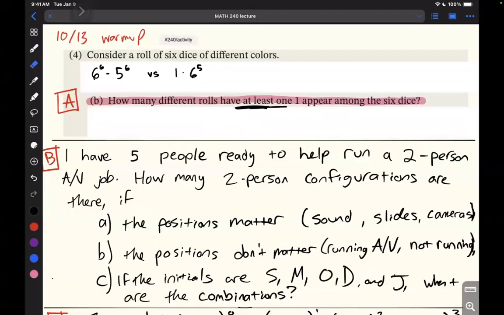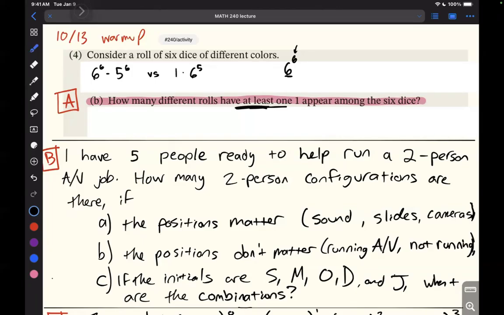And so for that reason, when we have something like at least or at most, that's a hint that we're going to have to use the complement rule. And so all the possibilities, so no restrictions on what the number is, that's 6 to the 6th. Right? So we've got 6 dice, we can roll it however we want. And there's 6 options for each die, and we've got 6 dice. Right.